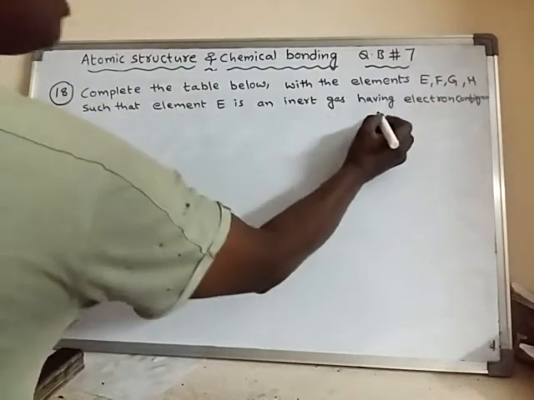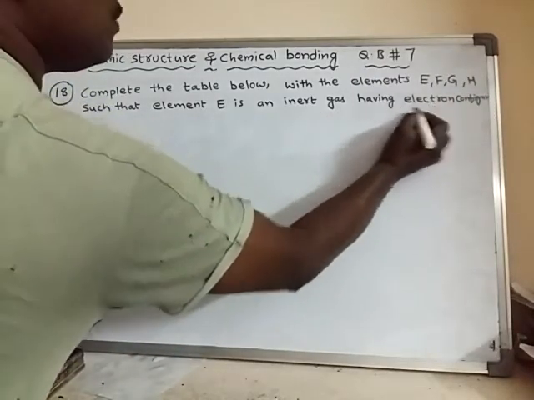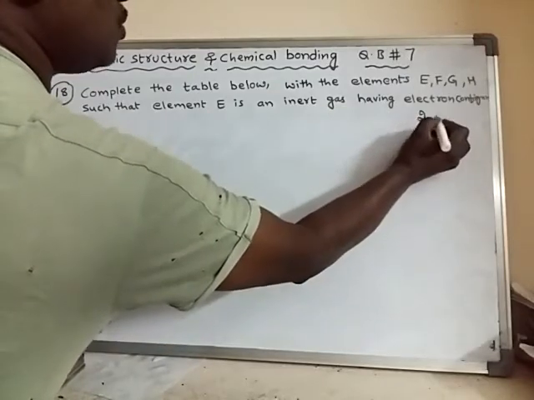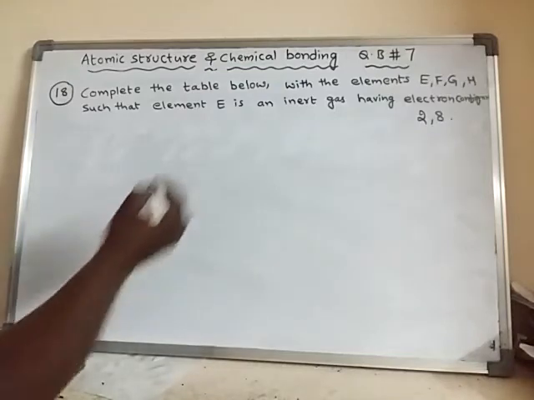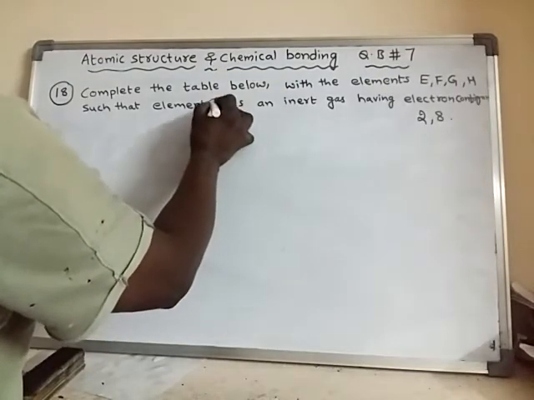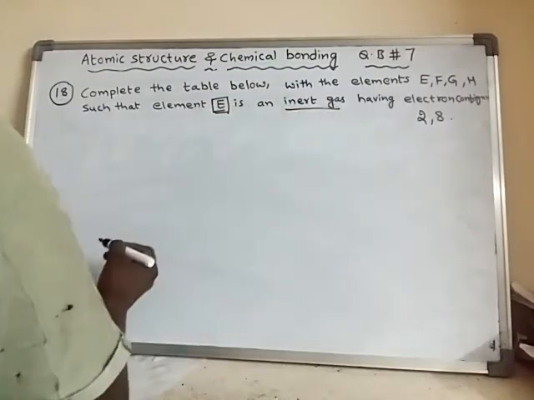What is the electron configuration of E? It is 2,8. So here E is given and this E is an inert gas.